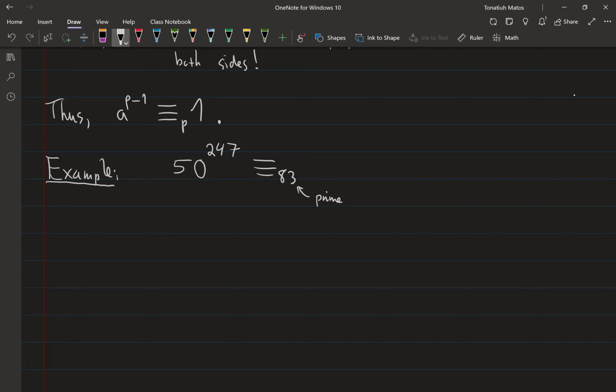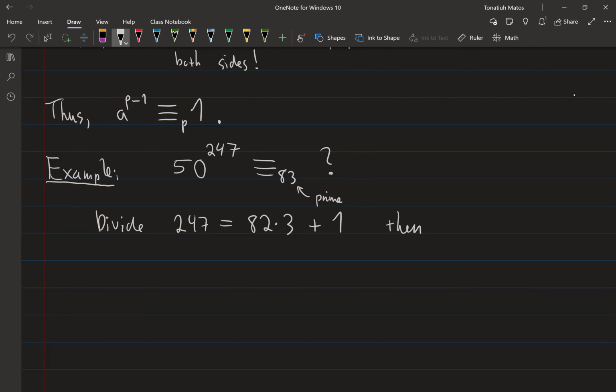Right. So how do you do this? Well, divide. So you divide the exponent 247 by 82. My apologies, 82. So I already know that this leaves a remainder of 1, right?